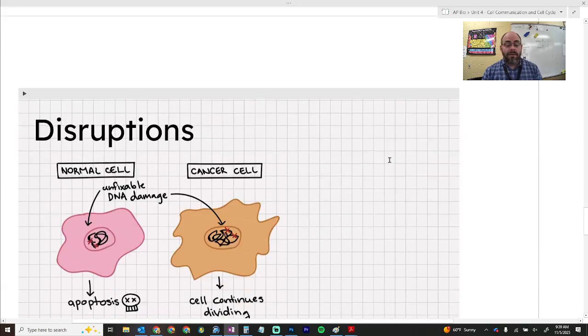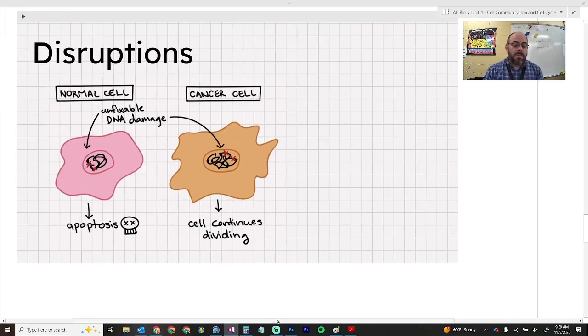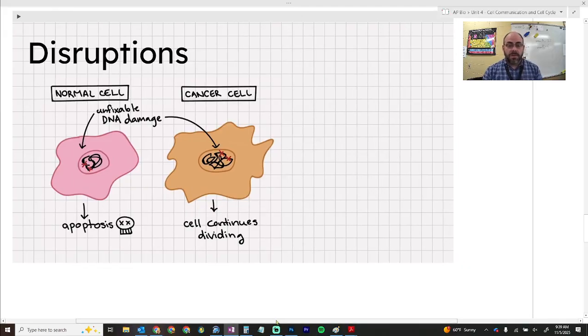The body has mechanisms to fight against this. Cells that the immune system can recognize as cancerous can trigger apoptosis in that cell. The genetic code actually has tumor suppressing genes that cause apoptosis as well. Remember, apoptosis is programmed cell death.